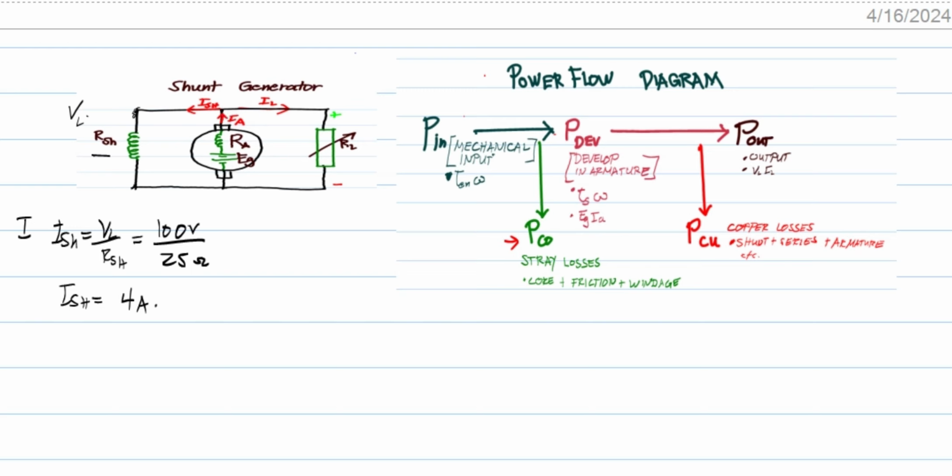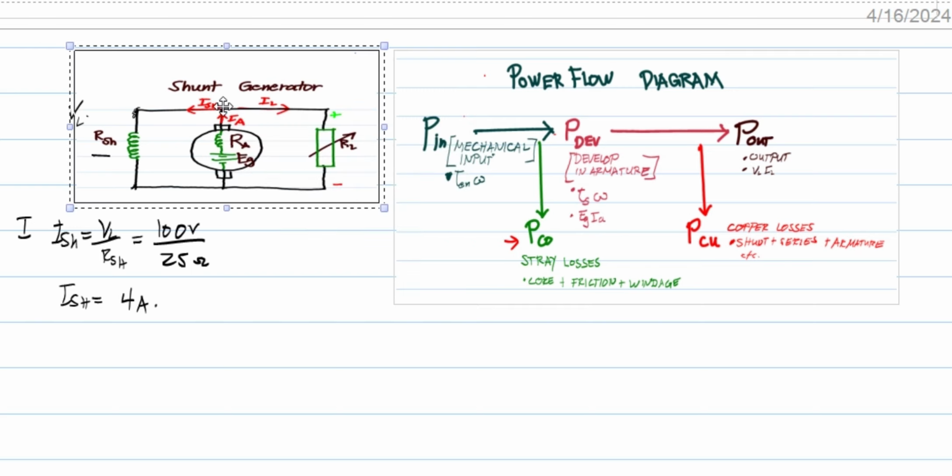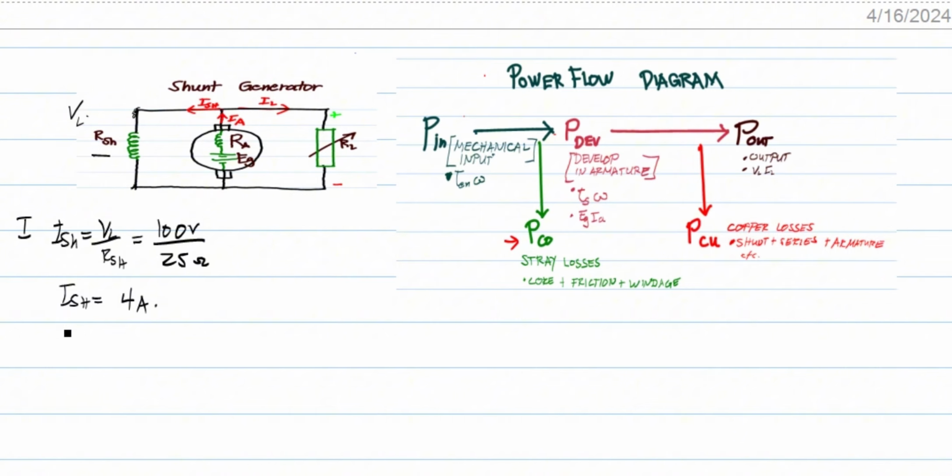Then from this point, we can use nodal analysis, or KCL. We have IA equal to ISH plus IL, which is 4 amperes plus IL of 66 amps.